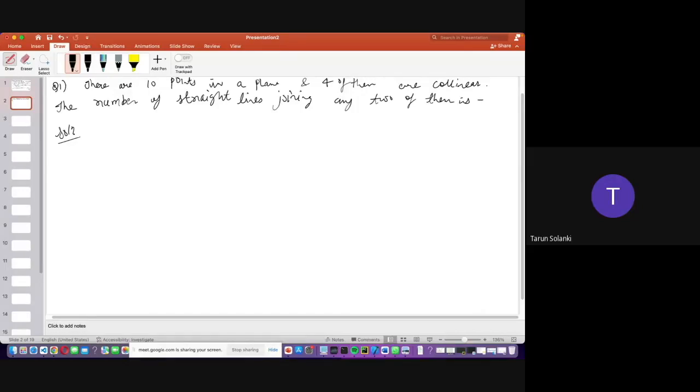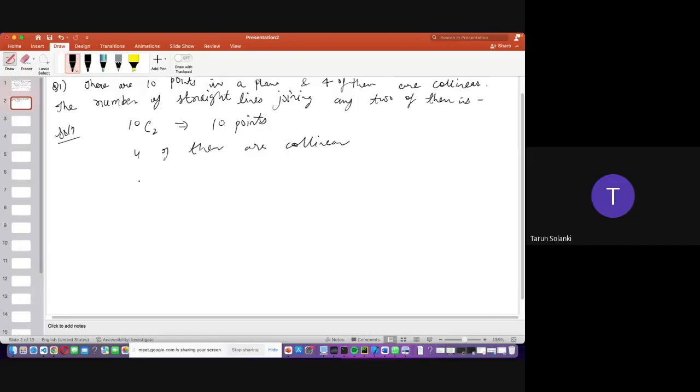a straight line can be drawn joining 2 points, so there will be 10C2 joining the 10 points, right? But 4 of them are collinear, so you should get only one line joining any two of these 4 points, right? So meaning 4 of them are collinear.